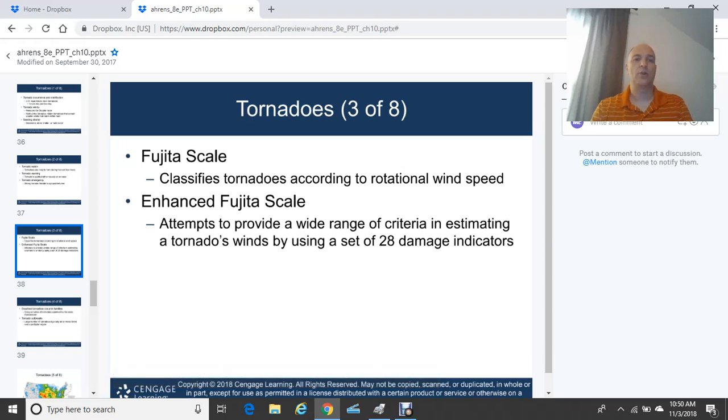Right. So the enhanced Fujita scale. Dr. Theodore Fujita, they called him Mr. Tornado, by the way. He did a lot of extensive research, especially in the 1970s, on the damage patterns created by tornadoes.